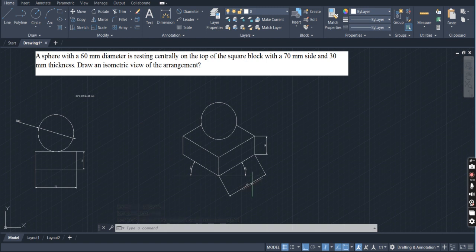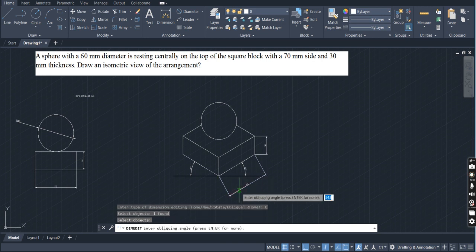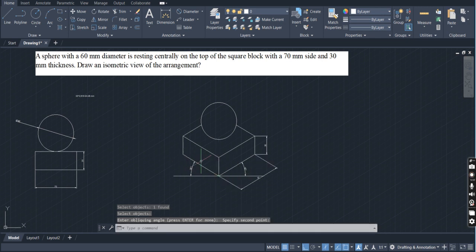One more thing: you need to give the dimensions in isometric view. For that we use the command dimension edit, oblique. Select the dimension, enter. Now give the angles. One is this side, the other one is this side.